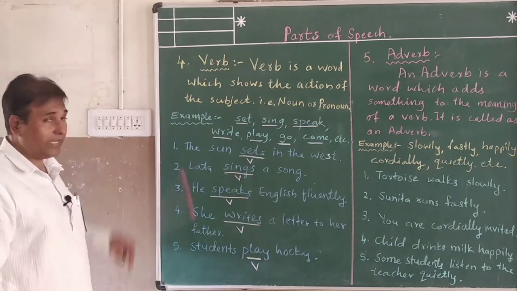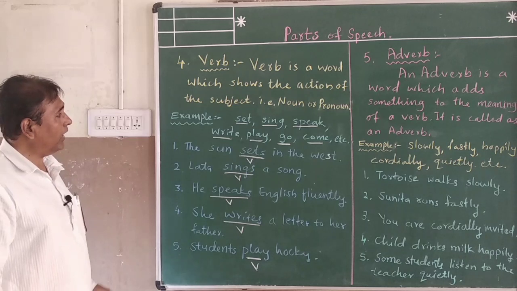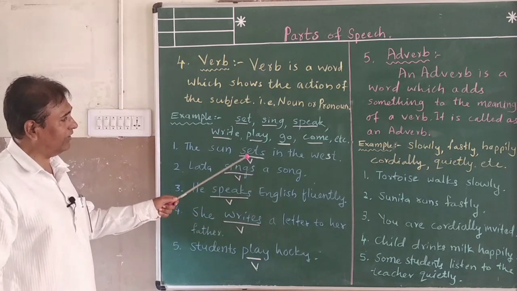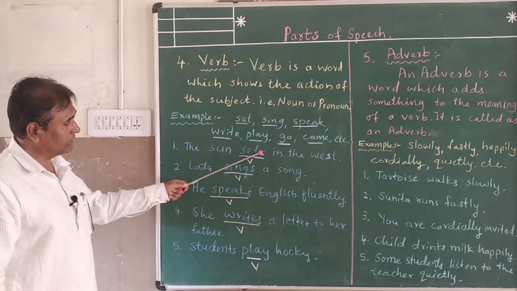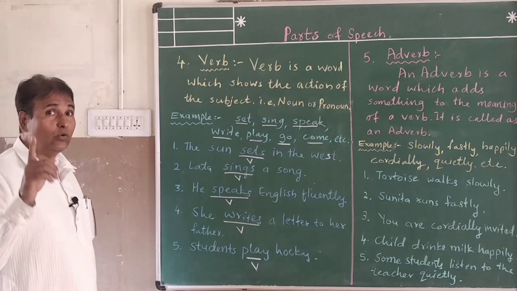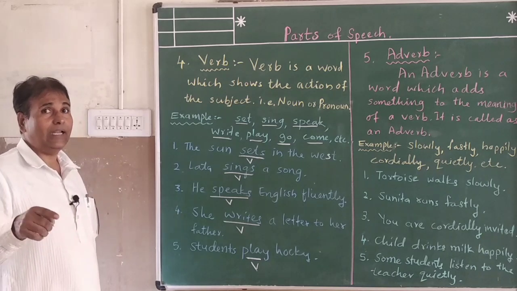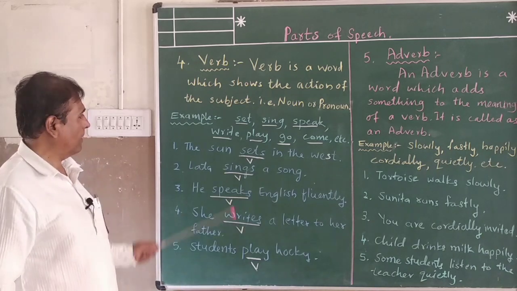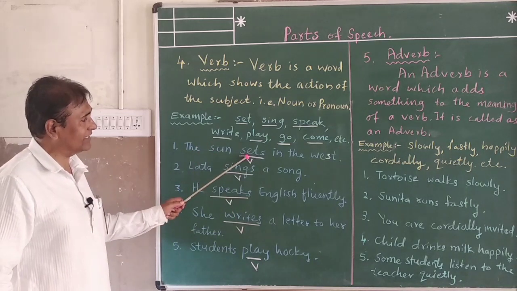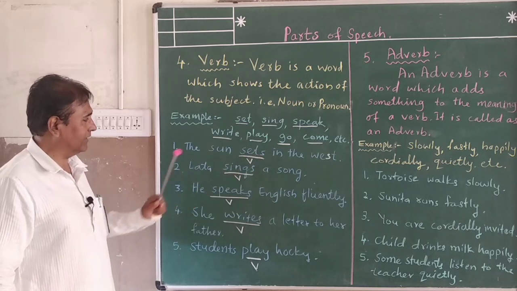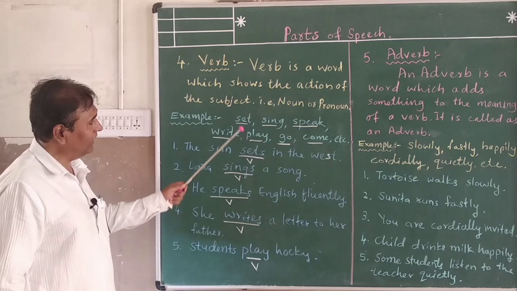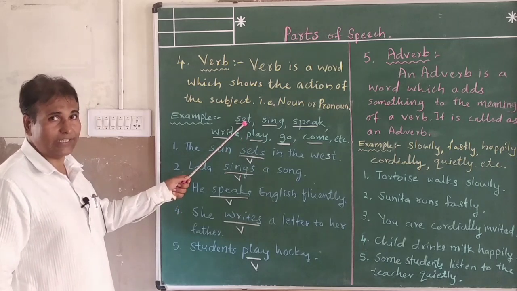Now, one thing again I want to tell you, why we add the s here. Because the singular subject takes s, because the sun is one. The sun sets, so we add the s here. The sun sets in the west. Here set is the action verb.